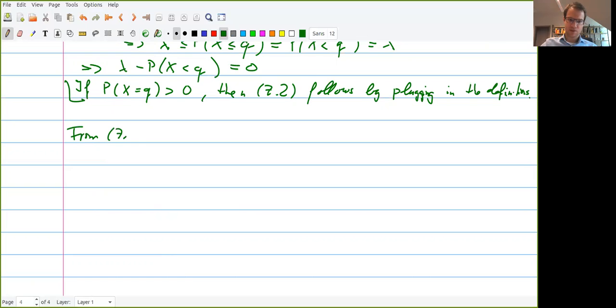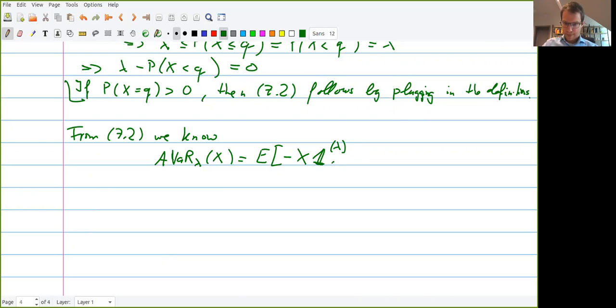From 7.2, we know the average value at risk at level lambda of x is nothing else than the expected value of minus x and then an indicator function, which is not strictly speaking an indicator function, x being less than q.